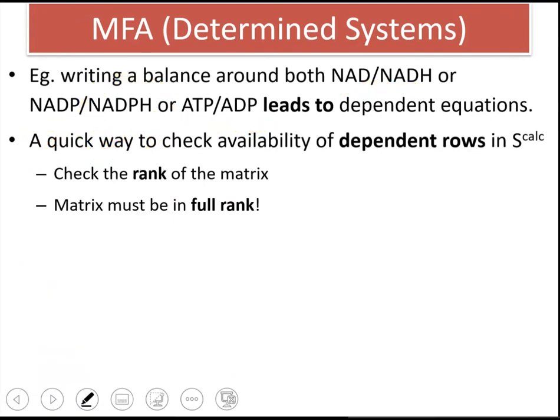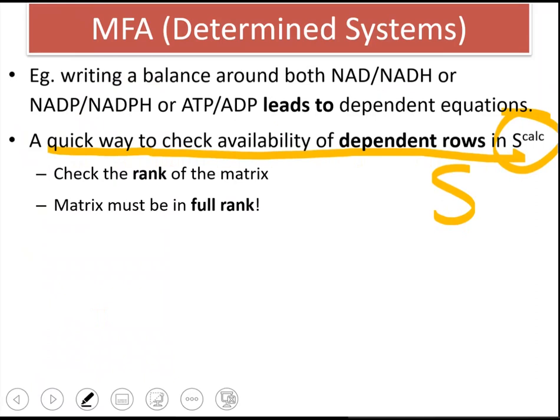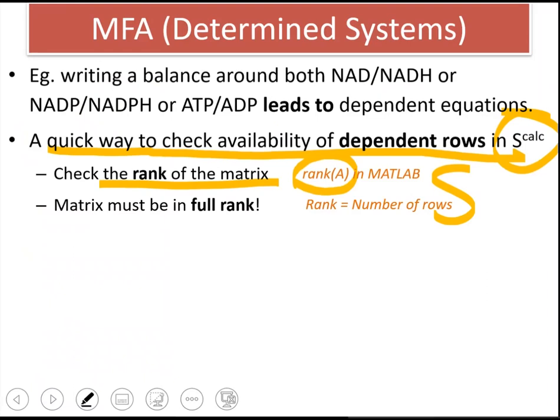There's a very quick way to check if there's any dependent row in your matrix S or S-calc: checking the rank of the matrix. In MATLAB, for example, you can easily check this by using the rank(A) function, where A is the matrix.